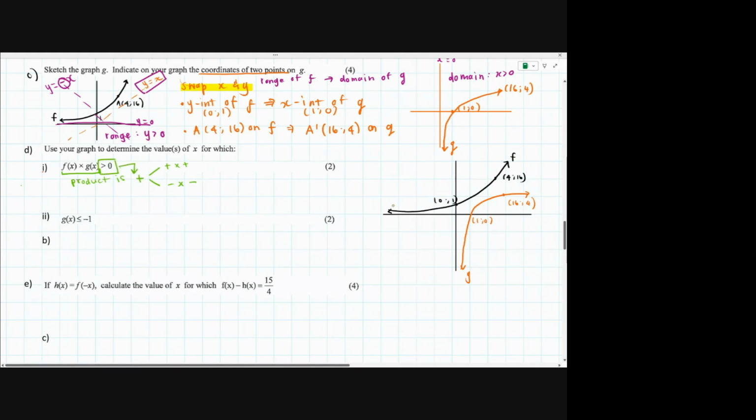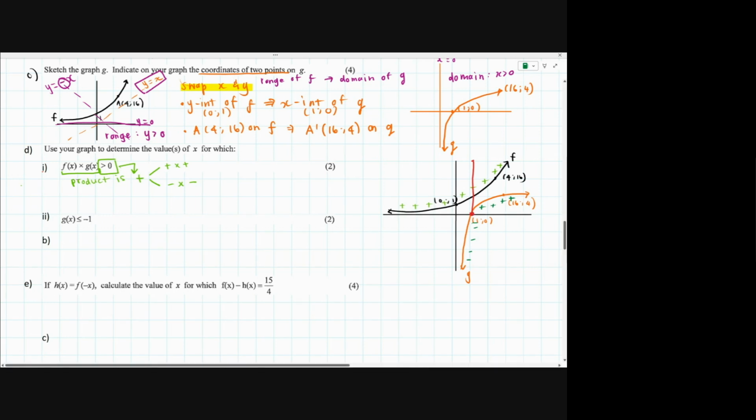So now I go to my graphs. Now, clearly, for the graph of f, all of these y values are positive. It's all above my x-axis. So these are all positive. When it gets to my inverse function, we need to be a little bit more mindful. These y values are all negative, but these y values are positive. Now, I think I said this on Monday, but 9 times out of 10, points of intersection and x-intercepts are going to be very important in defining your intervals for these inequalities.